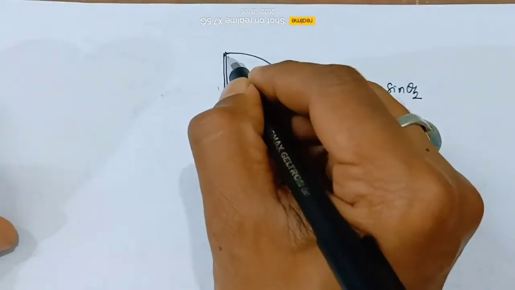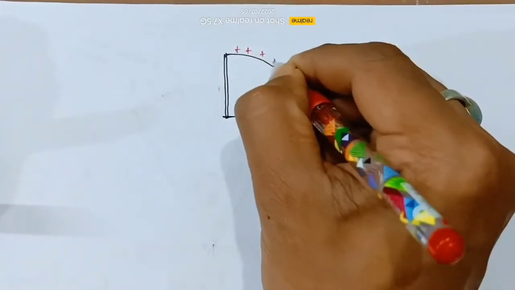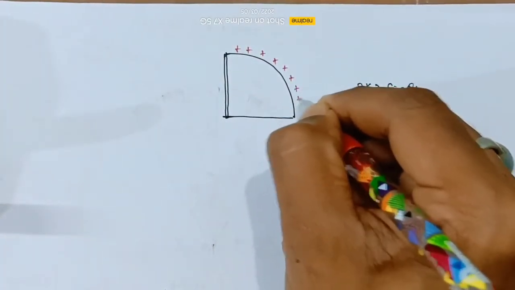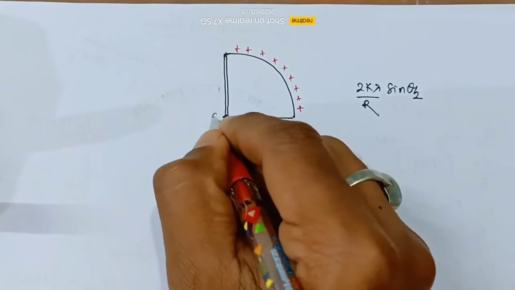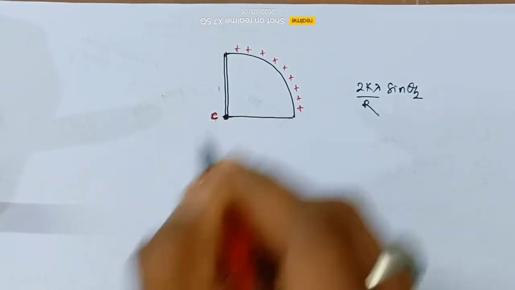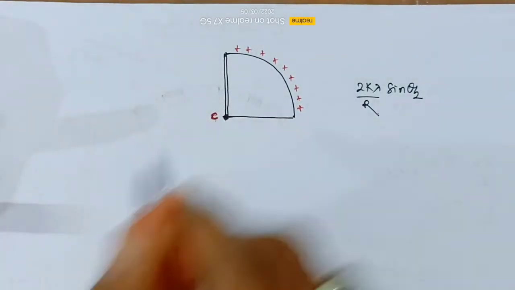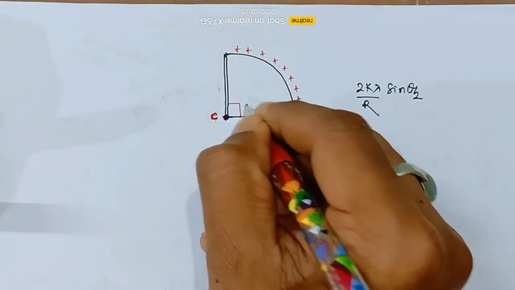So if a quarter arc is given and the charge is positive, uniformly distributed on this arc, and the question asks to find the expression of electric field at the center of this arc, we know the angle is pi by 2.